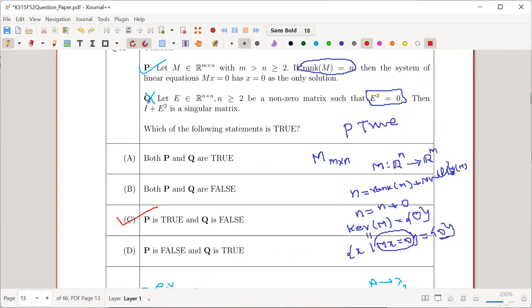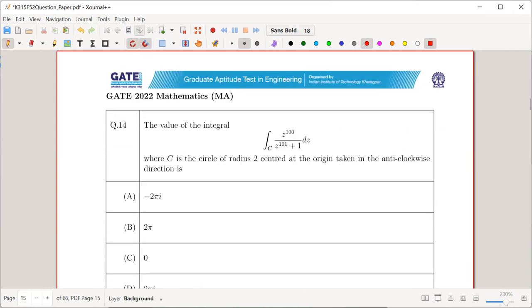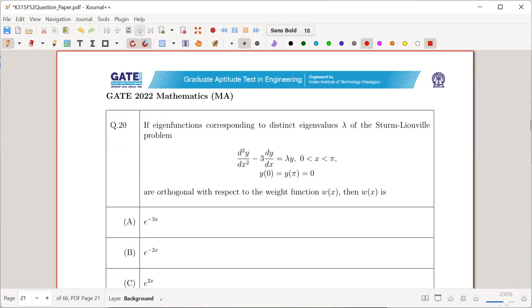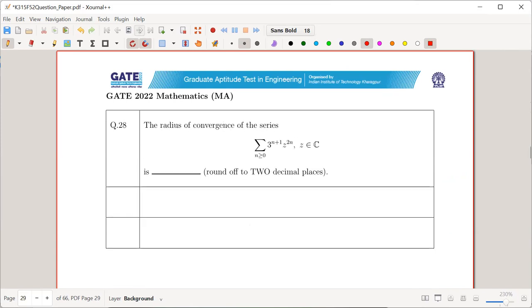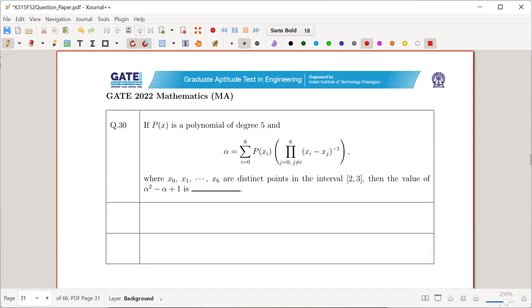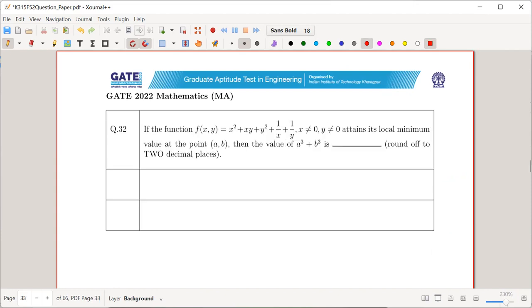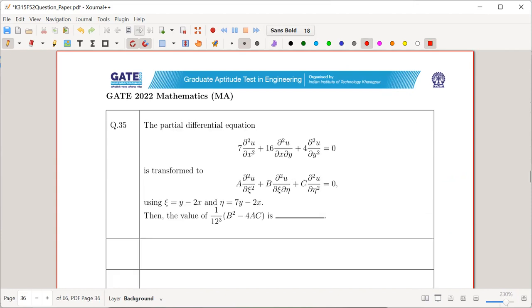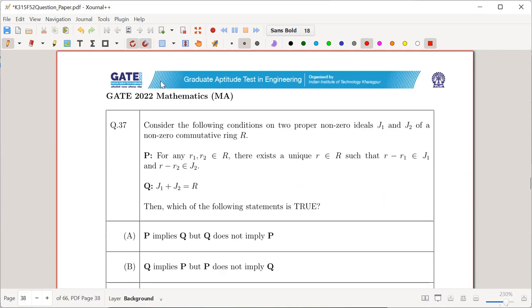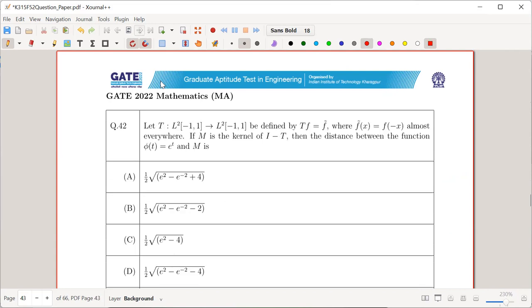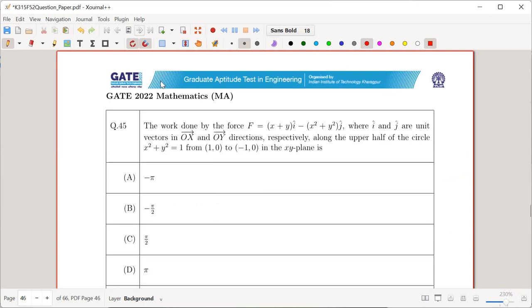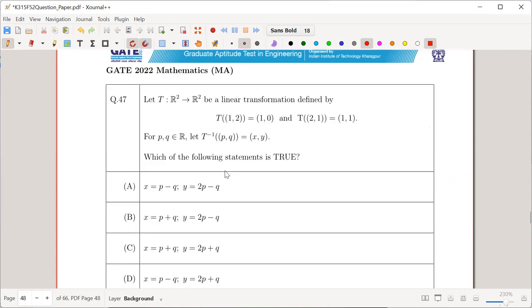Okay. So the next question, I think the next linear algebra question. Yeah, this one.